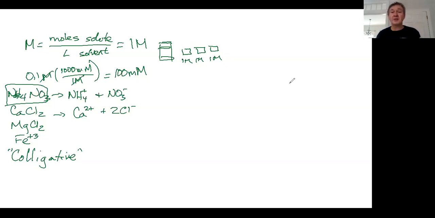So we're going to do a series of dilutions, and I want you to understand the mathematics of doing dilutions. Here's the big idea, and it's kind of a cool idea. Let's say you have a large amount of ammonium nitrate at 100 millimolar, but you want 25 millimolar, right?